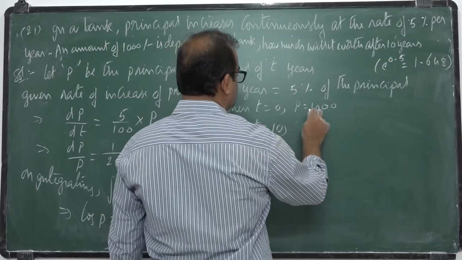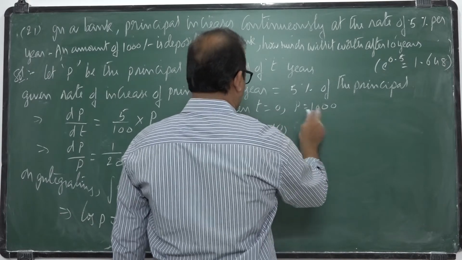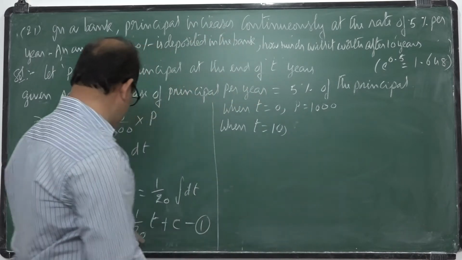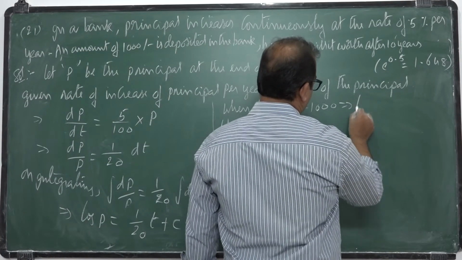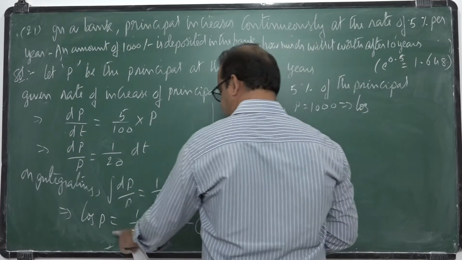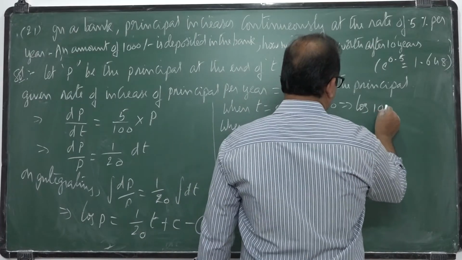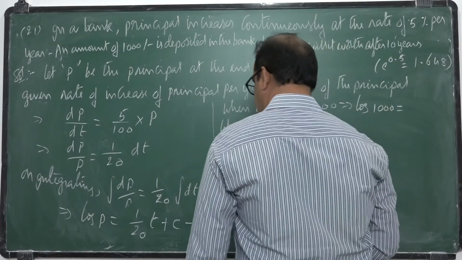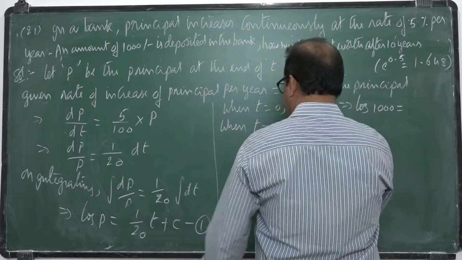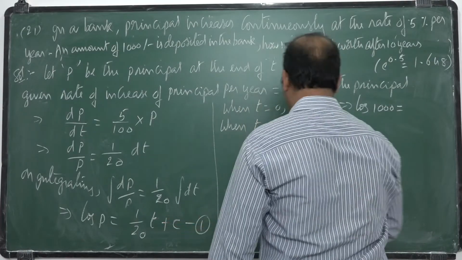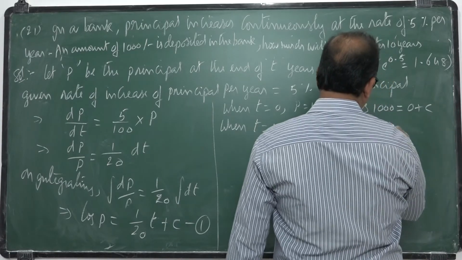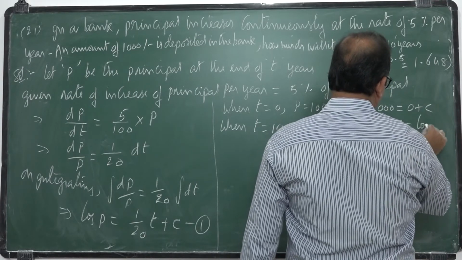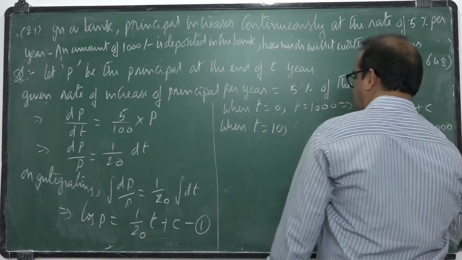When T is equal to 0, P is 1000. Substitute these two values in equation 1. What we get? Log of P value is 1000. Log 1000 is equal to T by 20, T is 0, 0 by anything is 0, plus C. So C value is equal to log of 1000.